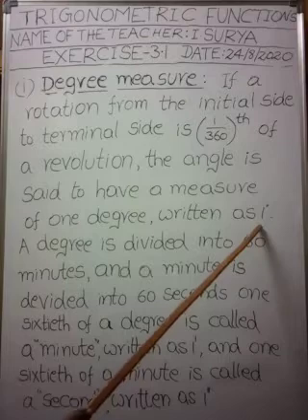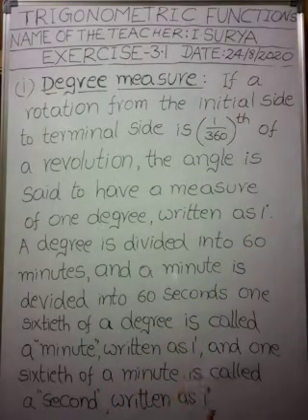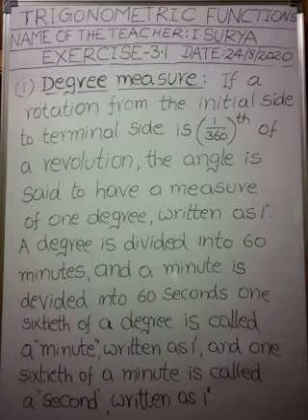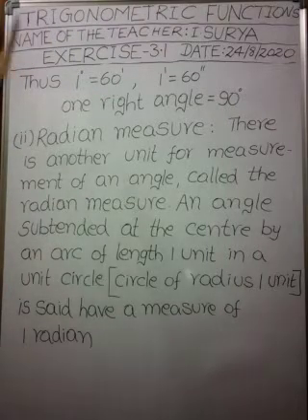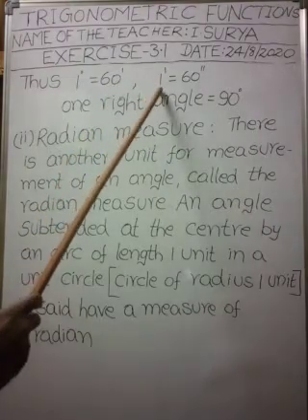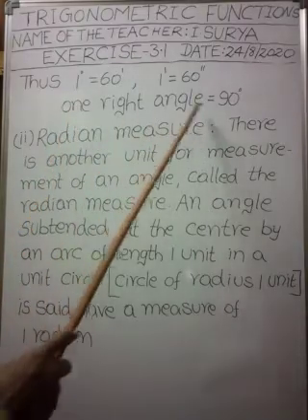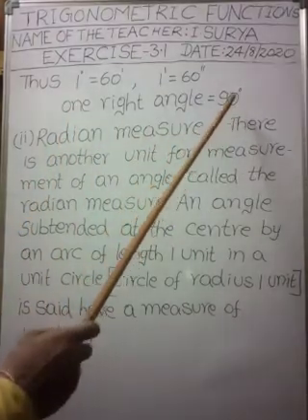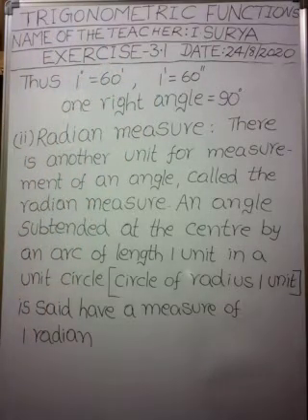Remember these notations: 1 degree, 1 minute, and 1 second. Thus, 1 degree is equal to 60 minutes, 1 minute is equal to 60 seconds, and one right angle is equal to 90 degrees. Remember these points in the degree measure of an angle, my dear children.